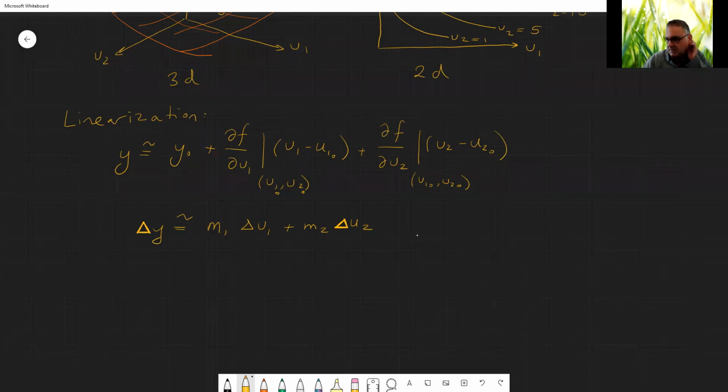Okay, so this is a linear relationship, for example.